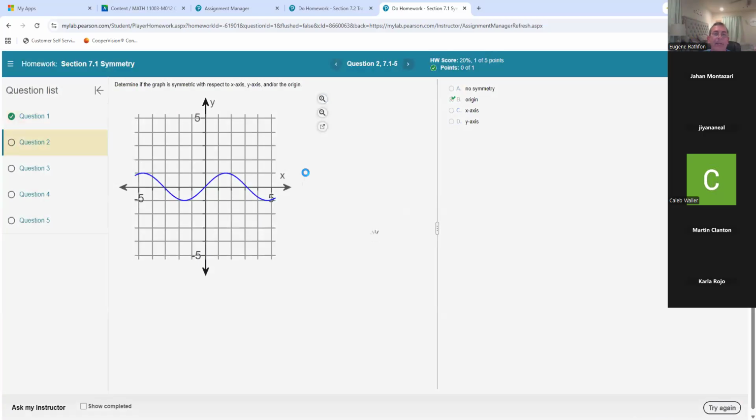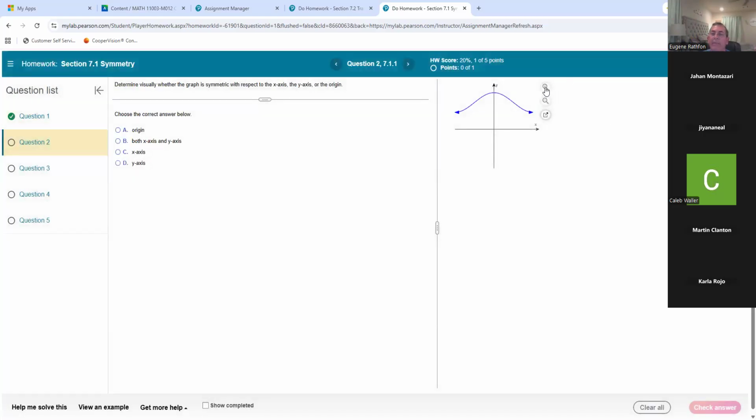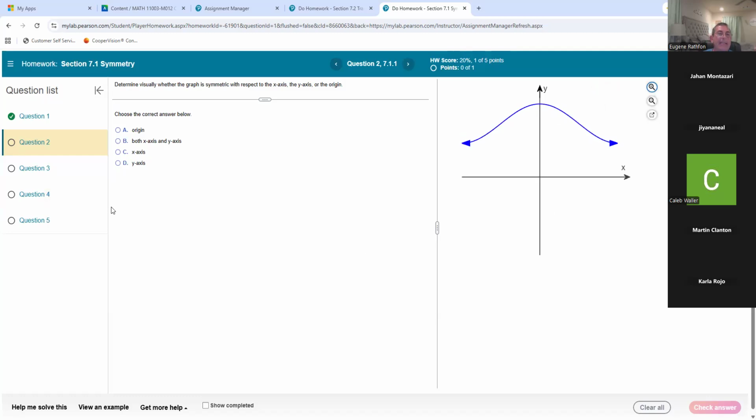Let me make this next one bigger and see what y'all think on it. So, x-axis, y-axis, origin: what are we saying?